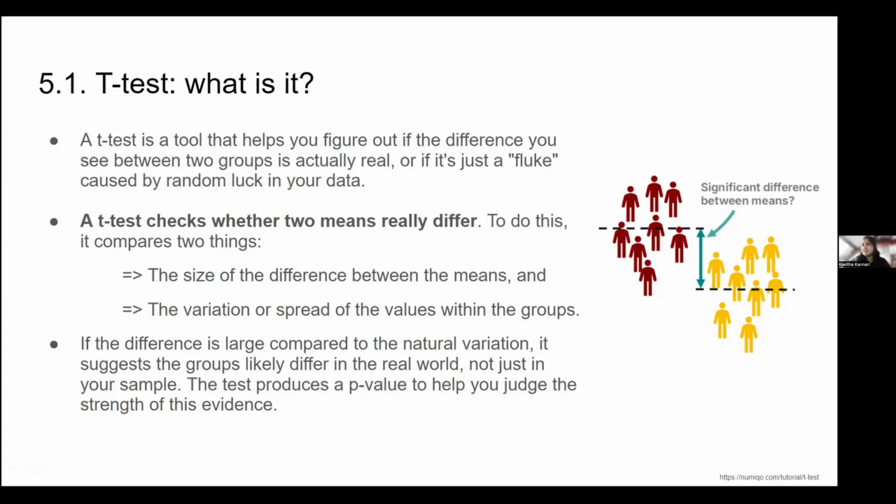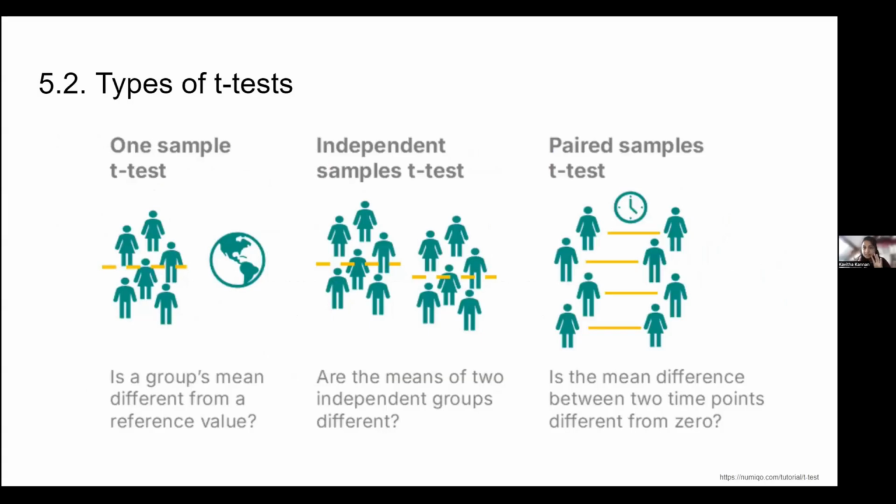Okay, so this is the most basic. You're comparing means. Just remember that when you think about the t-test. Now, there are different types of t-tests, and I think it's very well explained with this example. The first is called a one sample t-test. Here you're comparing the mean of a group to a reference value.